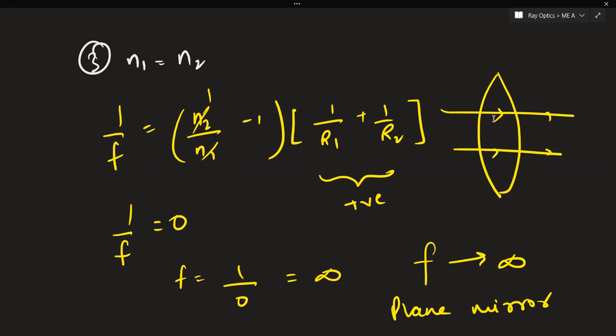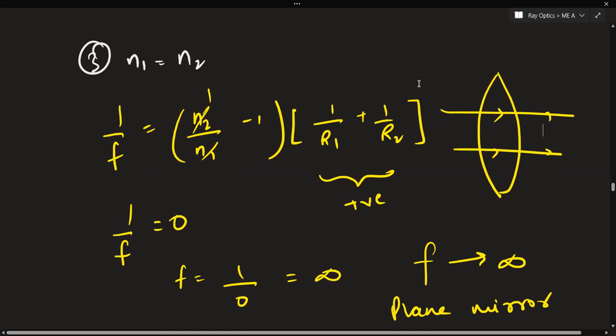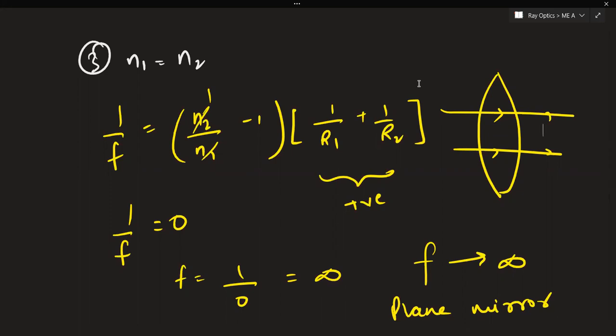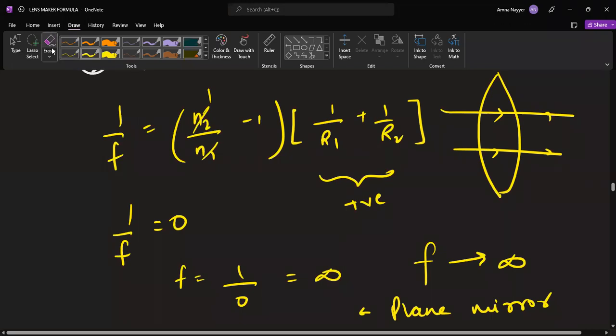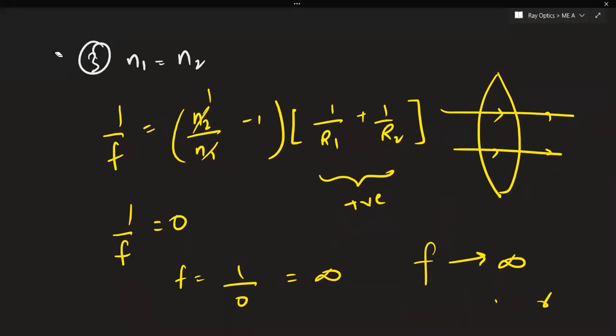The basic thing that the examiner wants to know from you will be this part only, but the modifications can be different. One simple one will be: show how a convex lens can behave as a plane mirror or a glass slab. It's better if we use the term glass slab, because a plane mirror does the function of reflection. So let's avoid the mirror part. Though I know you all have understood this concept, it's better if we write it as glass slab.